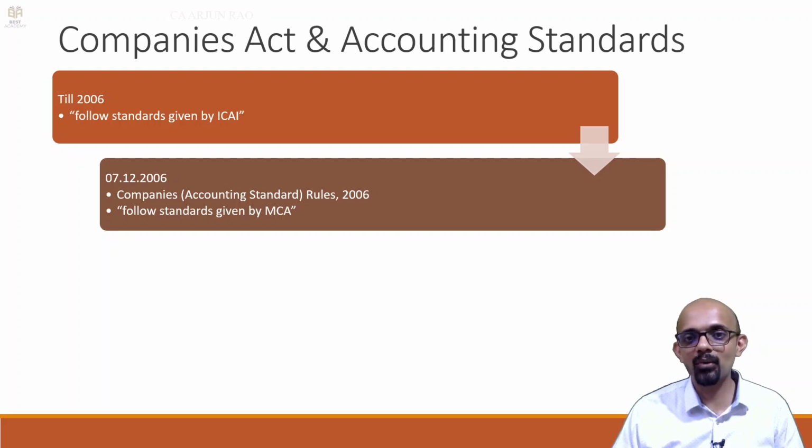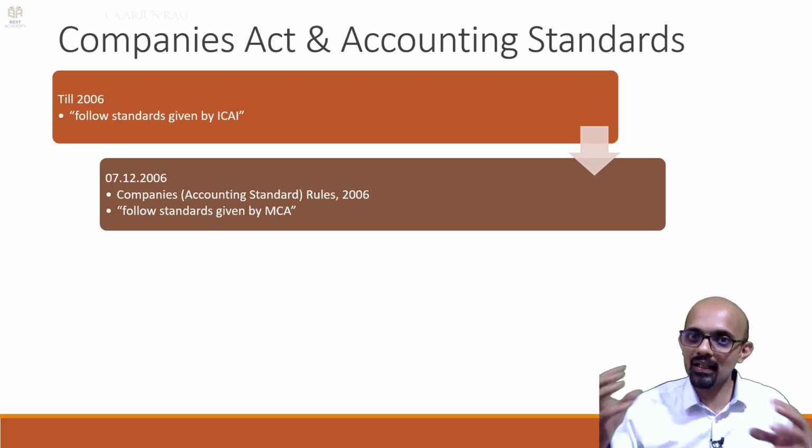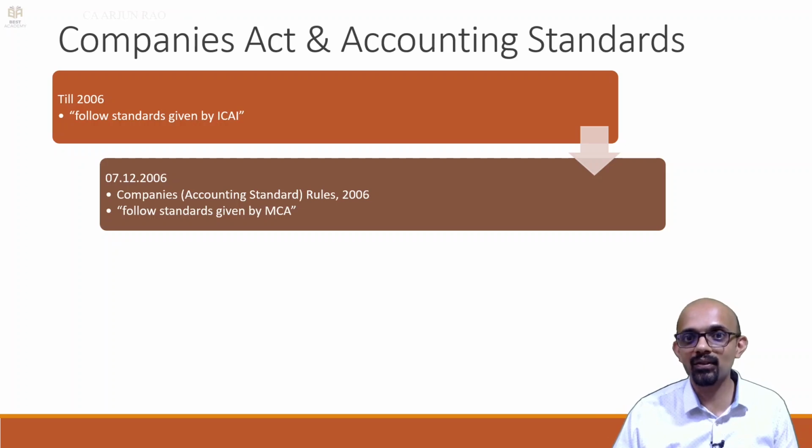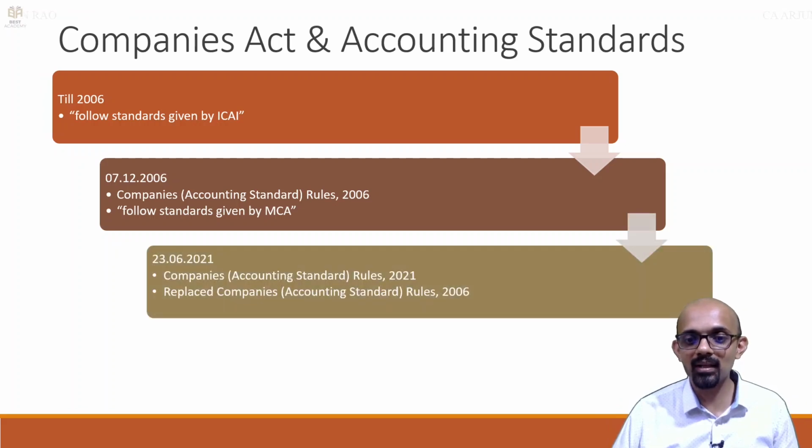What were the nature of modifications? For example, there were interpretations separately issued by ICAI. These were incorporated in the main text of the standard as explanations. Essentially it was the same. So these 2006 Companies Accounting Standard Rules were replaced by the 2021 rules.